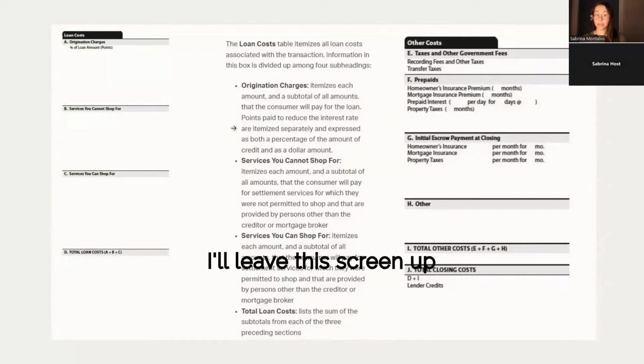I'll leave the screen up here, elaborating on page 2 as well. It's got some really helpful information. I forgot I actually threw this in here. This goes over the origination, services you can shop for, and services you cannot shop for.